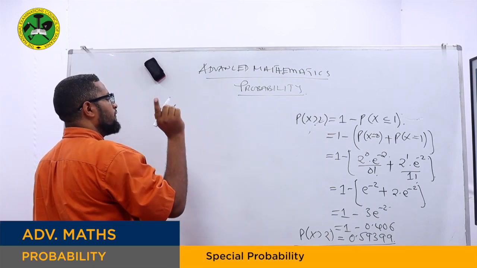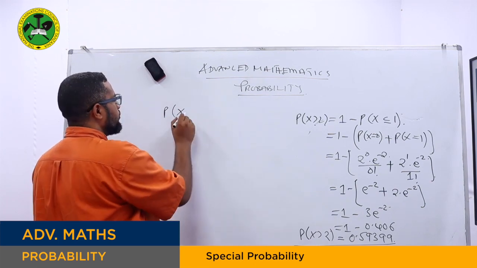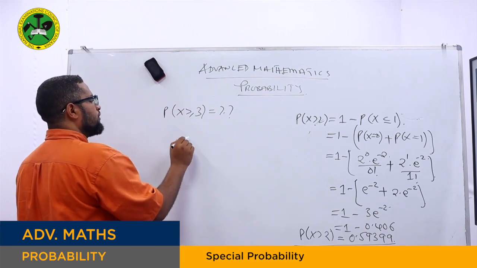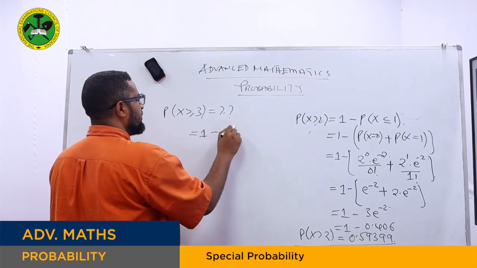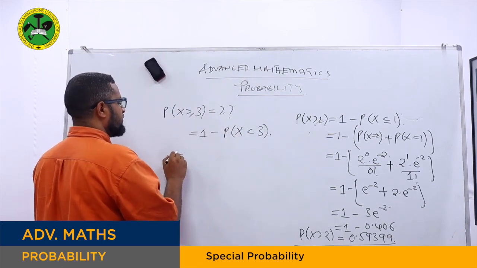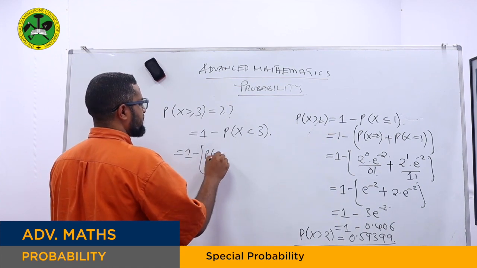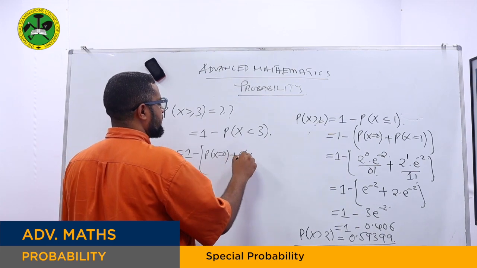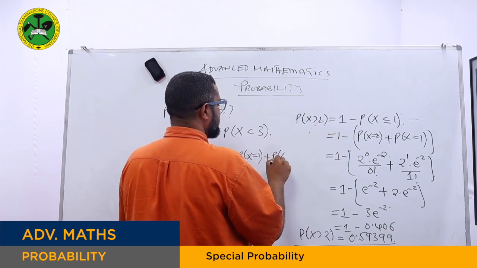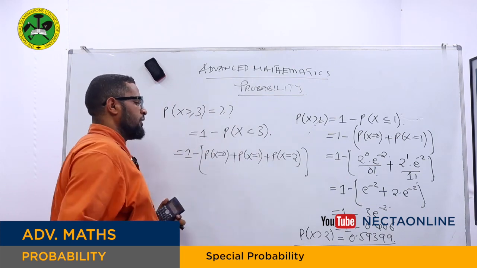Remember in the first part of the solution, we let x be the number of breakdowns. So the probability of x greater than or equal to 3 is 1 minus the probability of x less than 3. The meaning of that is 1 minus the bracket of the probability of x equal to 0, the probability of x equal to 1, the probability of x equal to 2. So we exclude 3 because of less than 3.